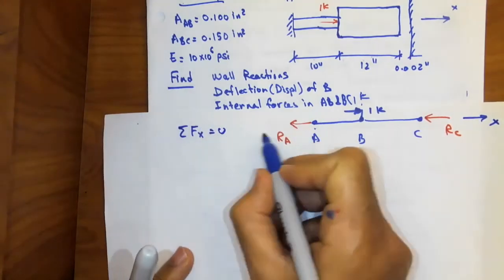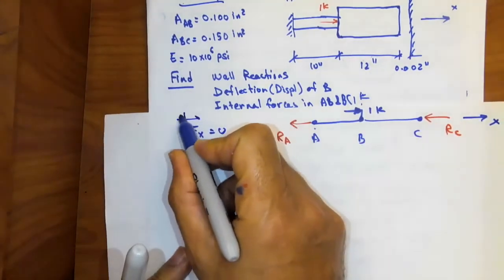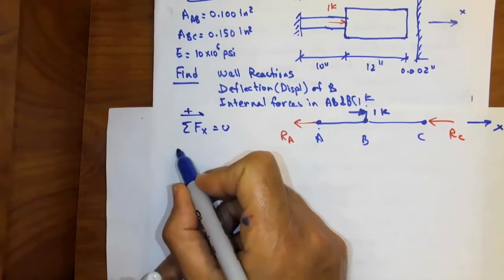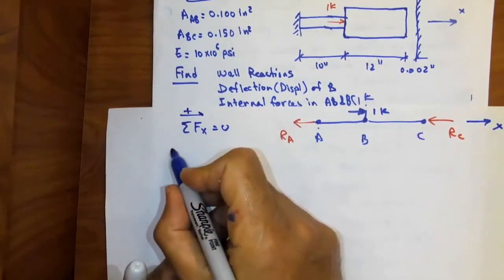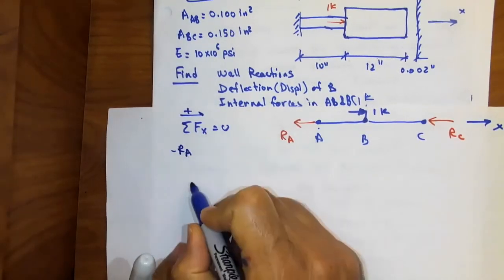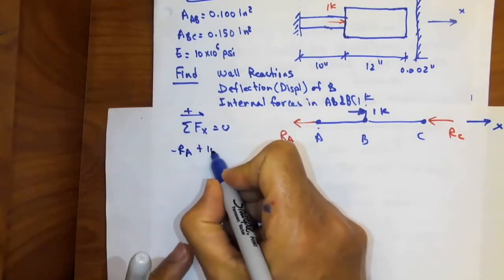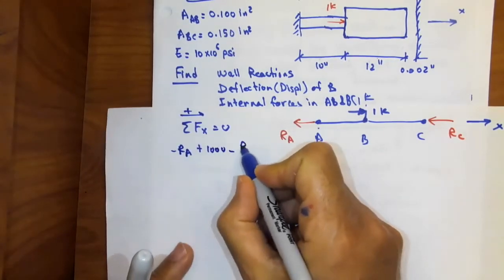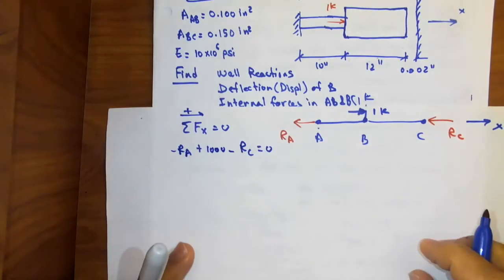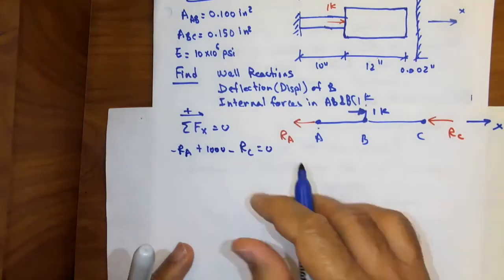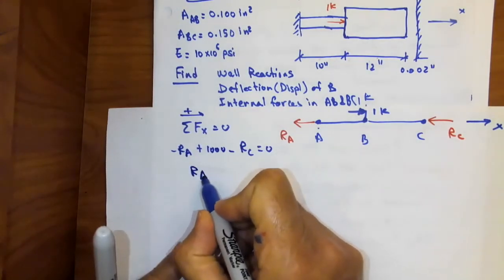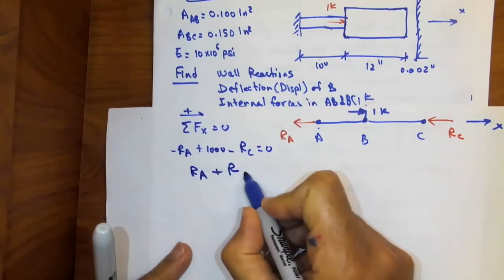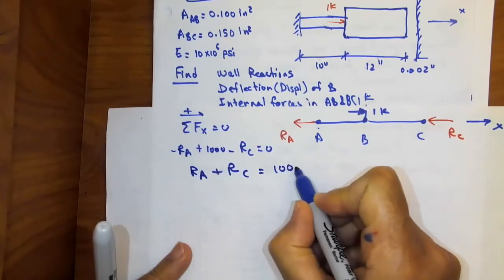Taking positive X as positive, I will have minus RA plus 1,000 minus RC equals 0, which I can rewrite as RA plus RC is equal to 1,000.